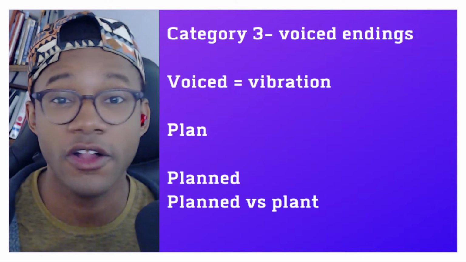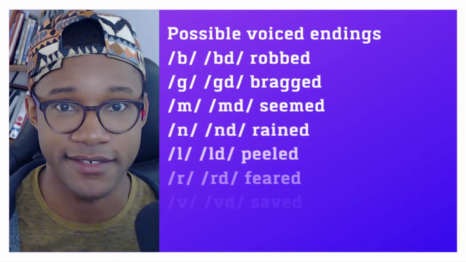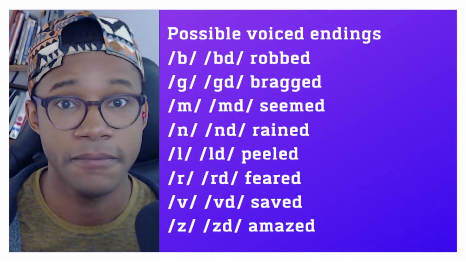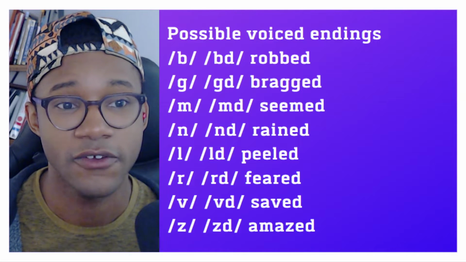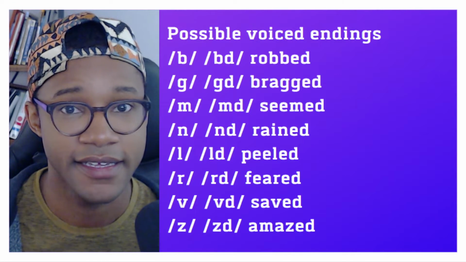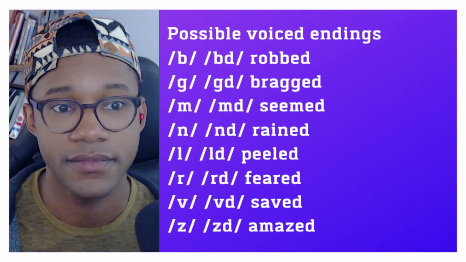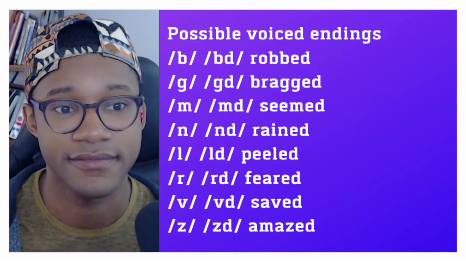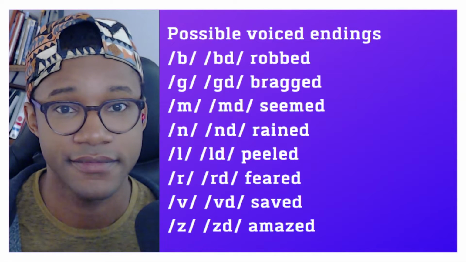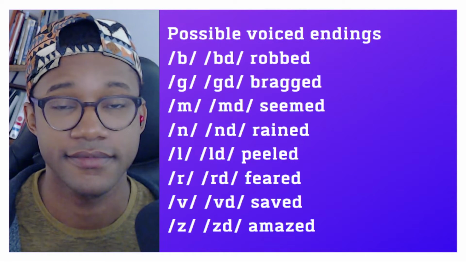Let's take a look at all of the possible voiced endings. First, we've got the B sound. Bd. Robbed. G. Gd. Bragged. Md. Seemed.